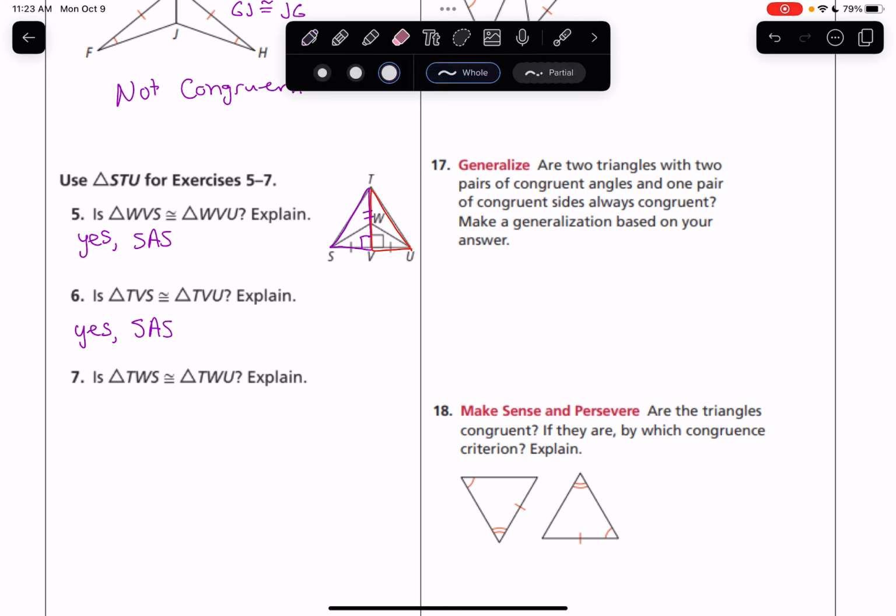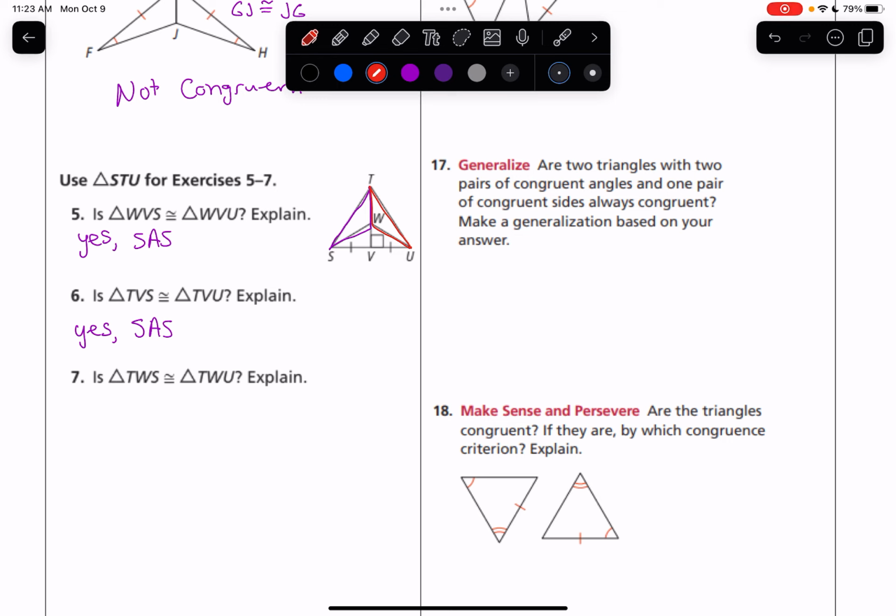And finally, is triangle TWS congruent to triangle TWU? So TWS right here and TWU. What have we got here?